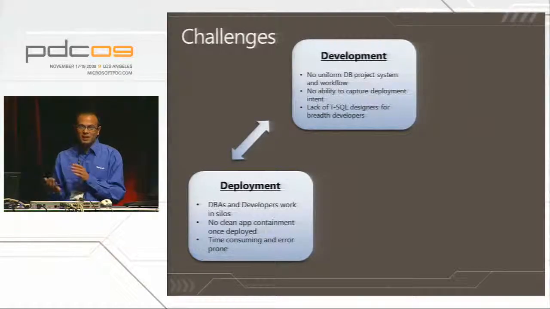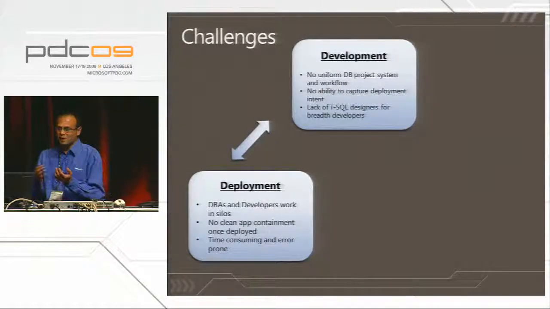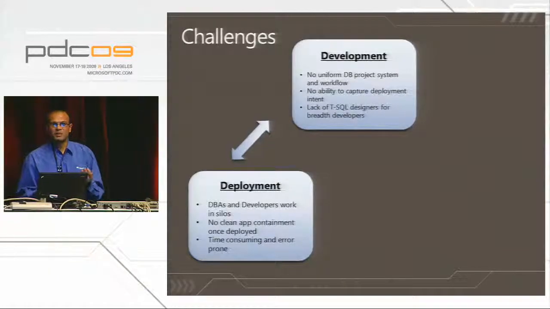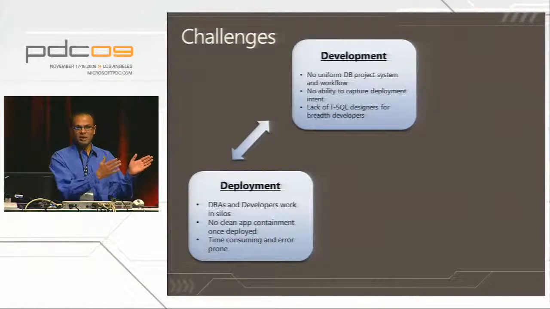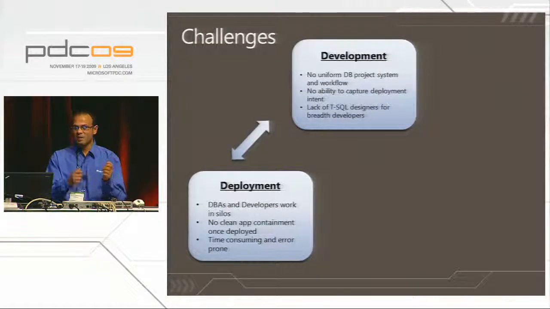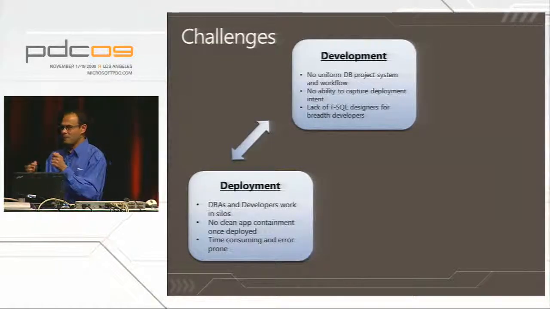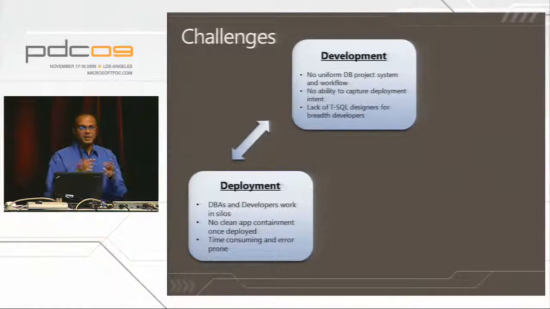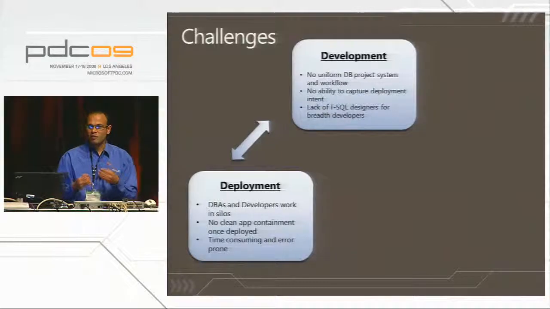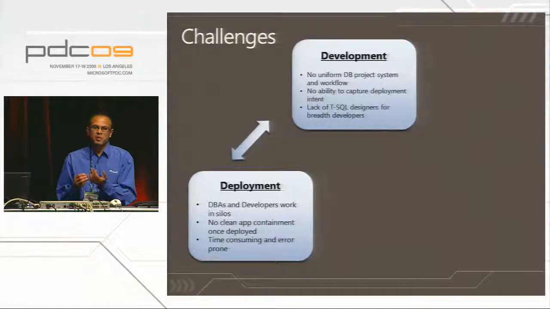On the deployment side of things, we found that DBAs and developers continued to essentially work in silos. The developer writes a certain app, hands it off to the DBA. The DBA goes, deploys it, probably manages it at some point in time. And there is a bit of an iteration handoff kind of thing, which is essentially error-prone, and it's probably troublesome as well.